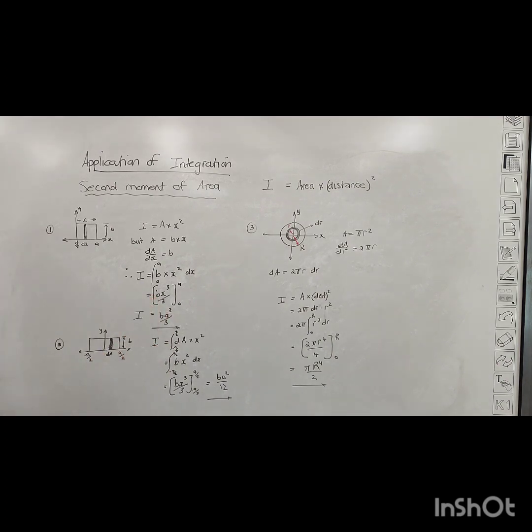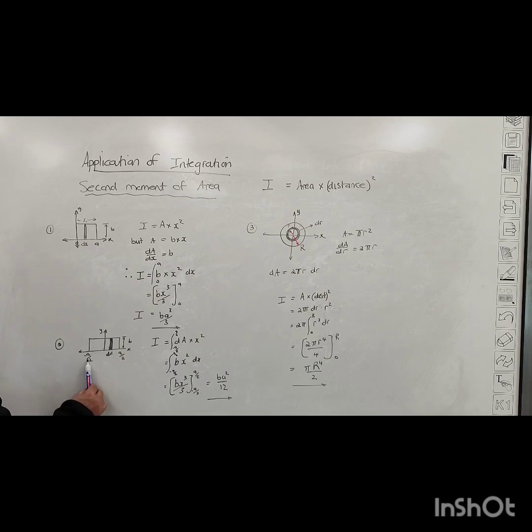In your second example, your little strip is split over the y-axis, so you're going to have half a on this side and half a on this side. So this a will be a over 2. That a will be minus a over 2, and you'll still have your b value.